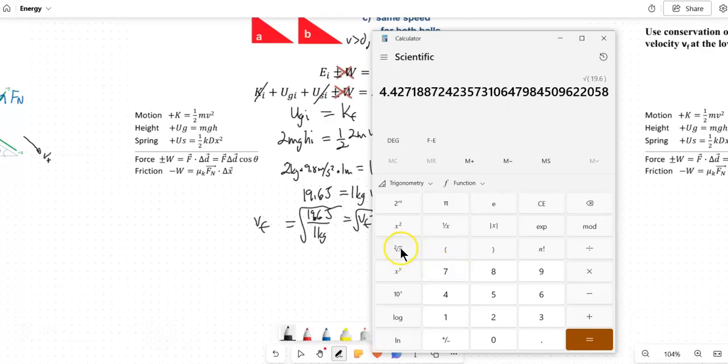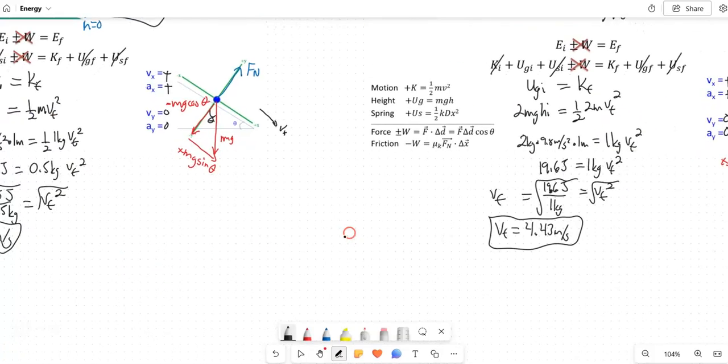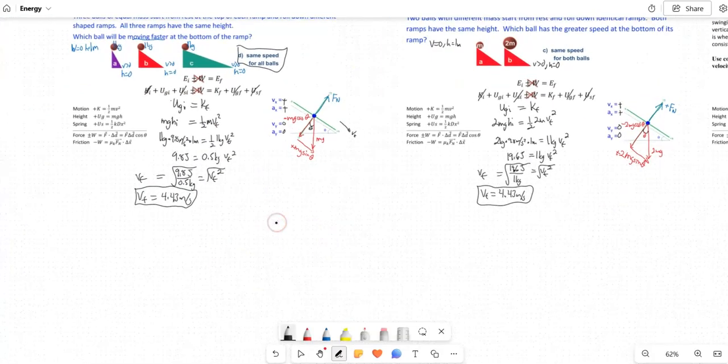I know what it is, just 4.43. So whether it's got twice the mass, this is the 1 mass object and this is the 2 mass object, they're traveling at the same speed.